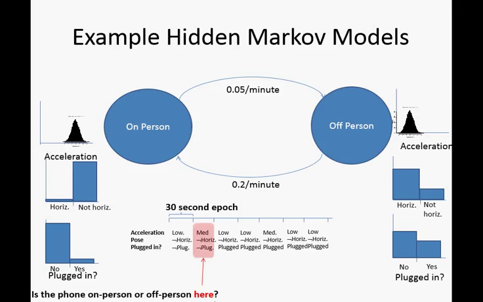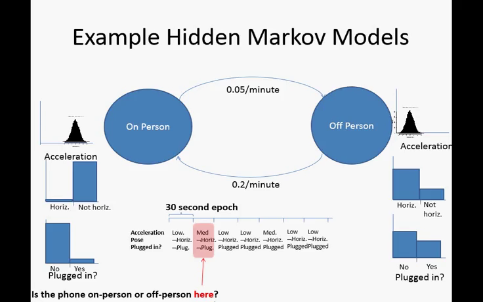How frequently this particular person, for example, picks up a phone or puts down a phone. And having estimated that transition matrix, we may then, using this hidden Markov model, derive probabilities for the likelihood that they're in an on-person state versus an off-person state for every epoch, for every duty cycle within that data.